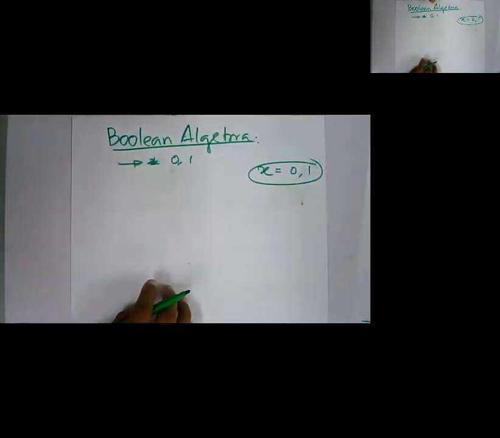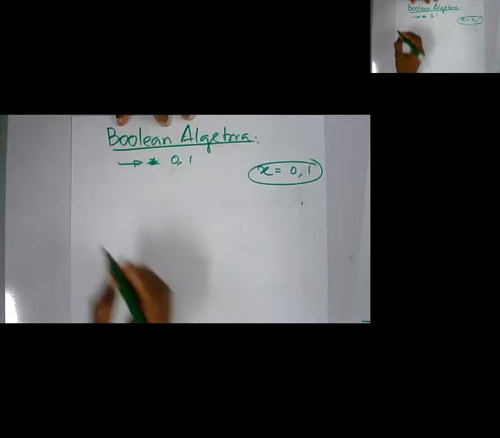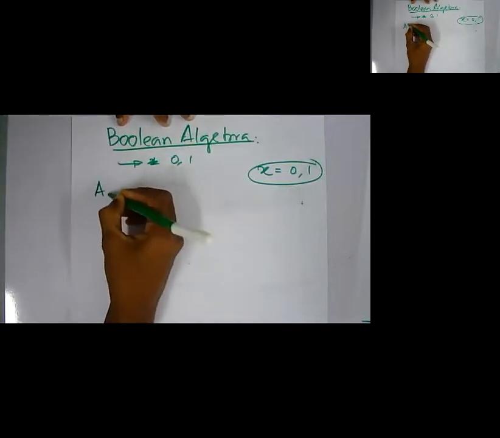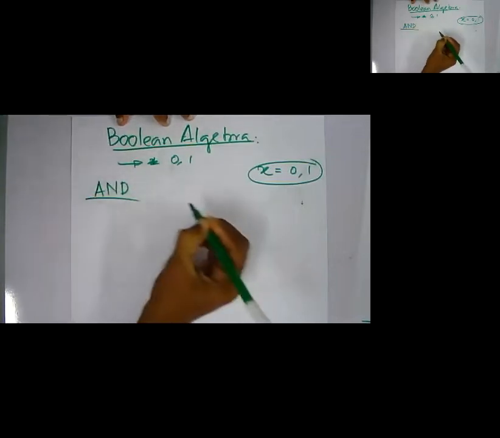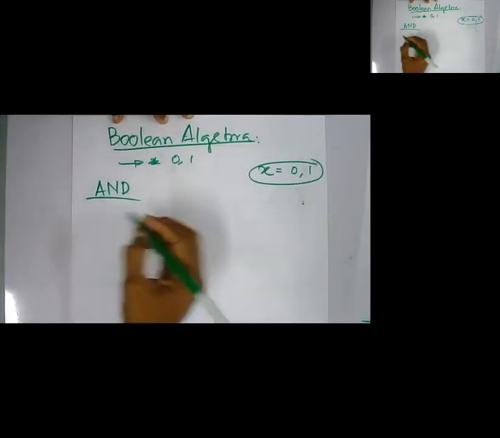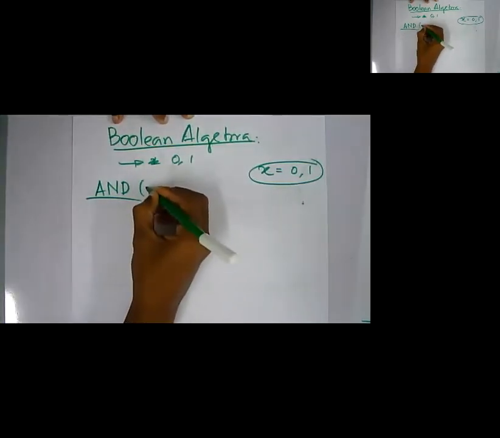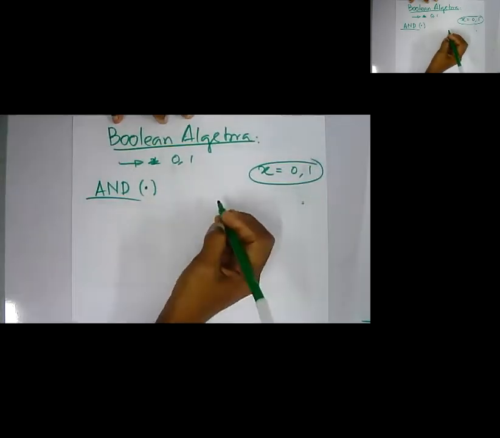We have some operators. First, we'll see how we can apply the operators in Boolean algebra. The first one is the AND operator, which can be denoted by a single dot.